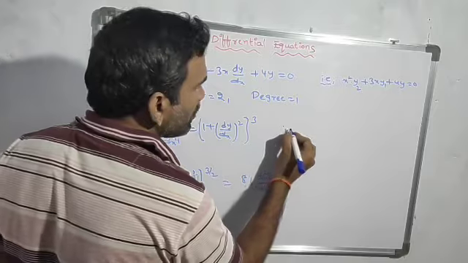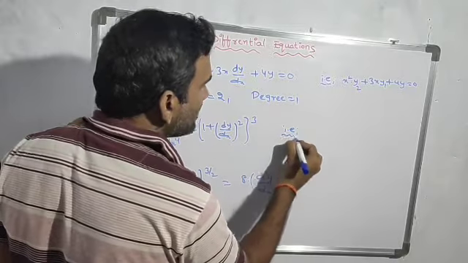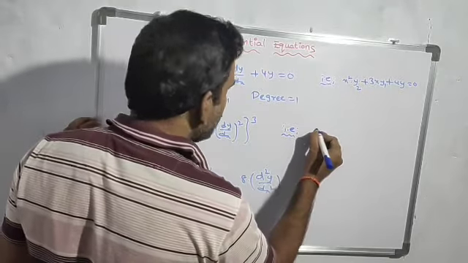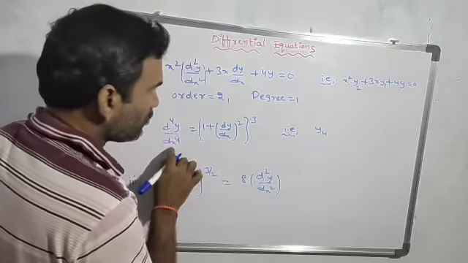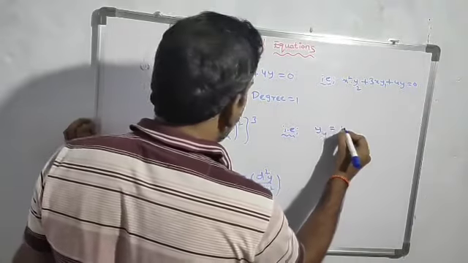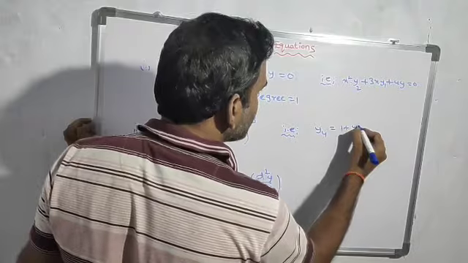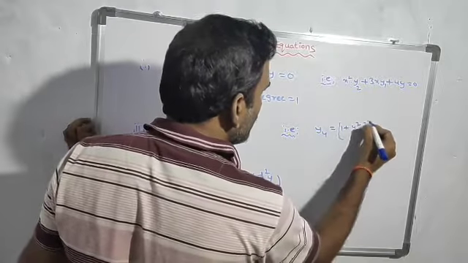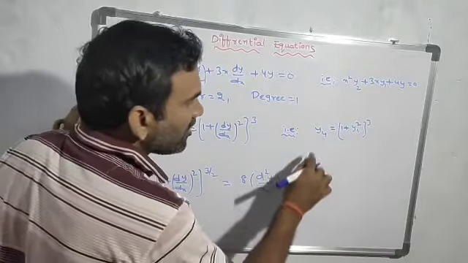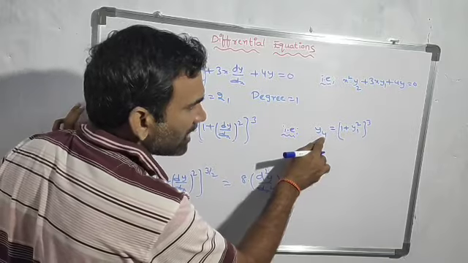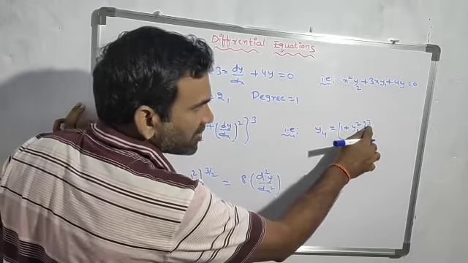Here also I am writing like this, so we can understand very easily. y4, fourth derivative, equal to 1 plus y1 whole square, whole cube. In this, y is differentiated highest 4 times. It is not a fraction.